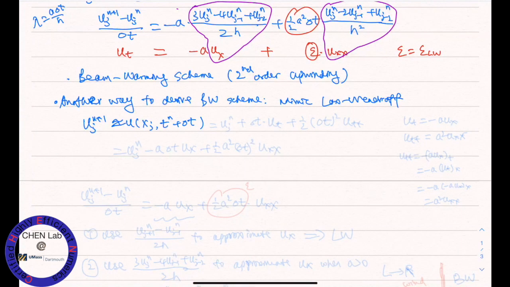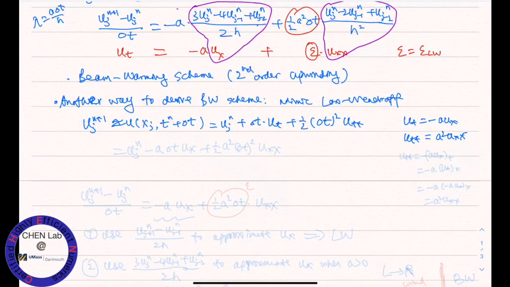All right. So this is like u_j^n, right, plus delta t times u_t plus 1/2 delta t squared times u_tt, right? What we then use is that u_t is equal to negative a u_x, because that's from the equation, and u_tt becomes a squared u_xx. You take another time derivative, then you use the equation again.